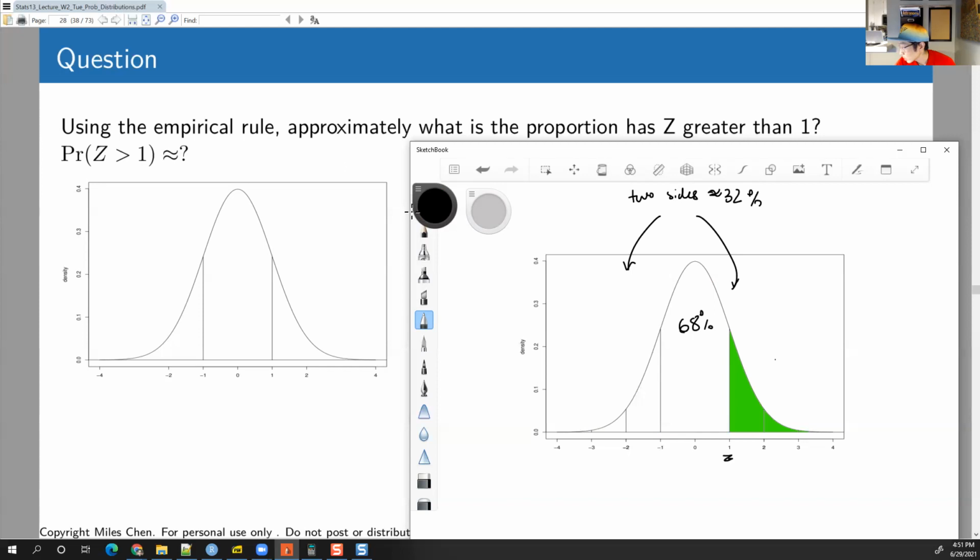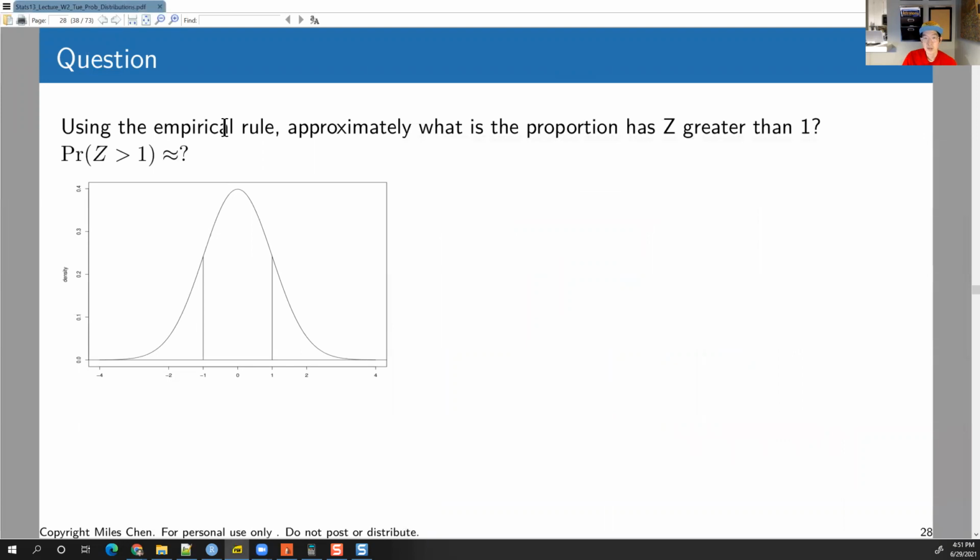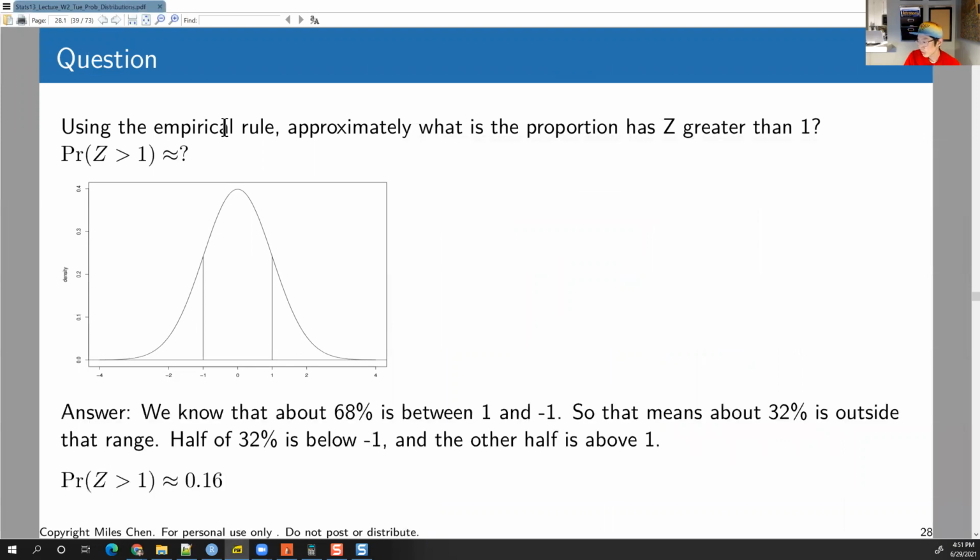We would expect this side to be around 16% and this side to be around 16%. So we'd have around 16% over there, 16% over there, 68% in the middle. Is everyone okay with that? So that's what we got.